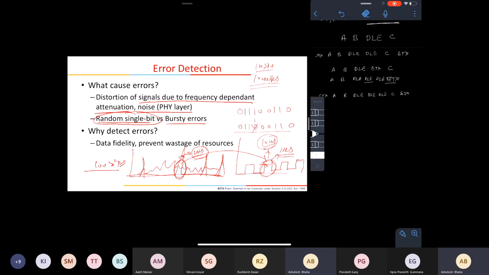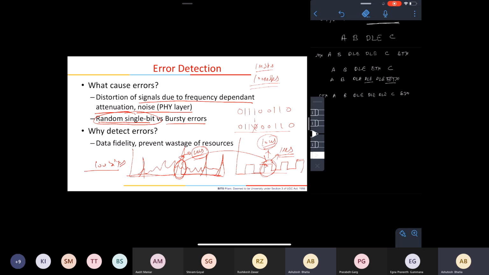I'm waiting for your answer. Yes, sir. Yeah. So this is how burst error happens. So a signal can work as a single bit error for one type of data transmission, which is working at a lower rate. But the same signal can work as a bursty error for another type which is working at a higher rate.